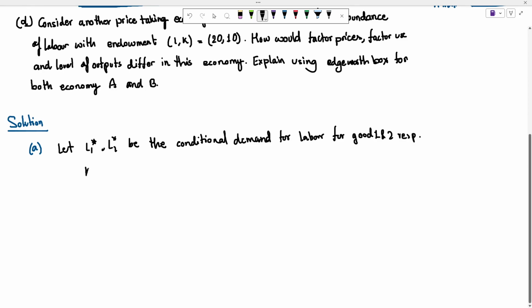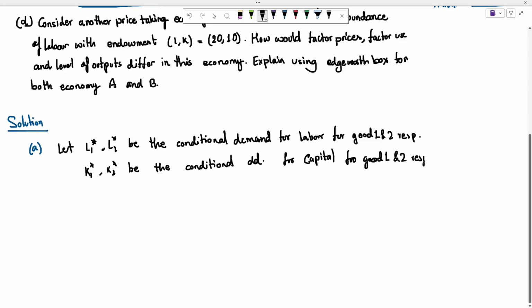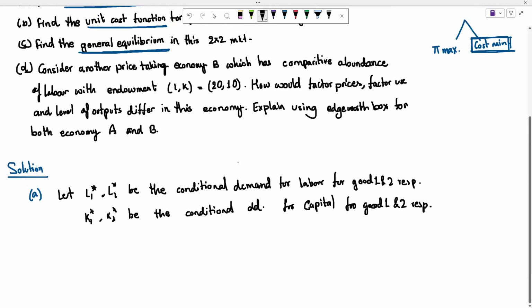Similarly, let K1 star and K2 star be the conditional demand for capital for good 1 and 2 respectively. And okay, so we'll be referring to MGW for this.